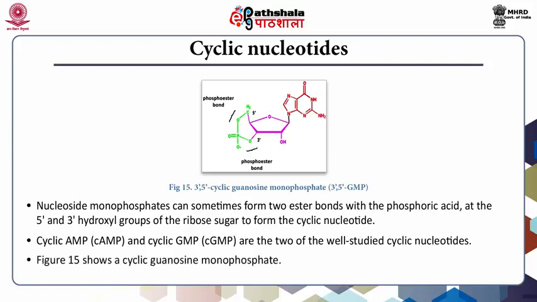The figure shows cyclic GMP and cyclic AMP. These are very important biomolecules of the cell, and you can see their structure in the figure. They play a very important role in regulation of cell metabolism.